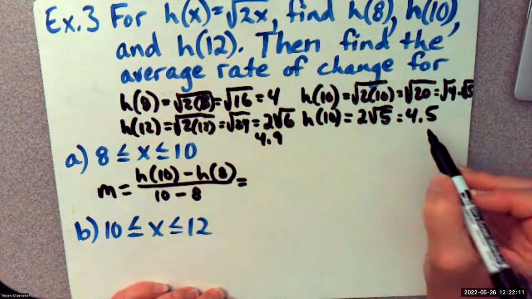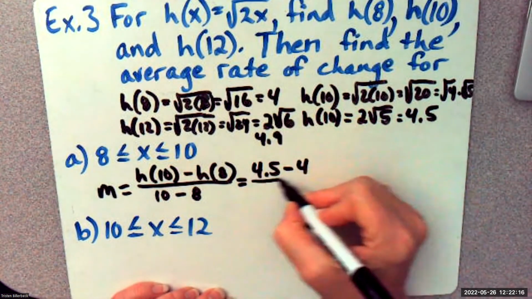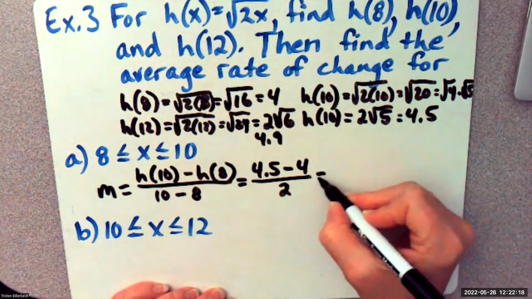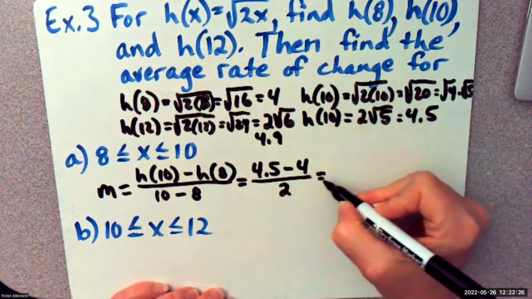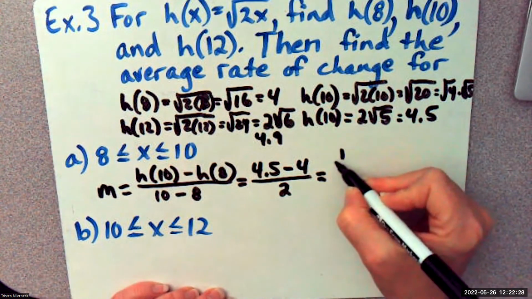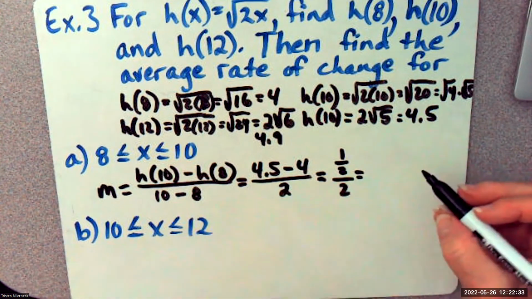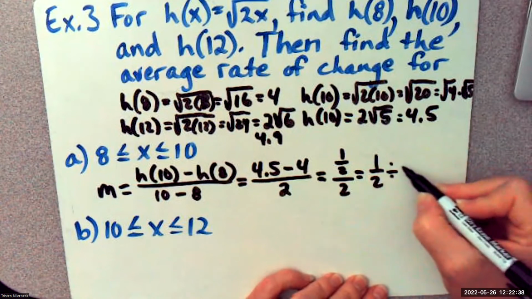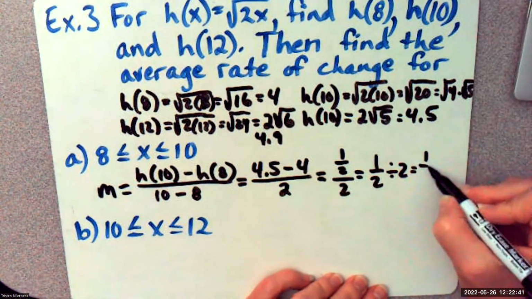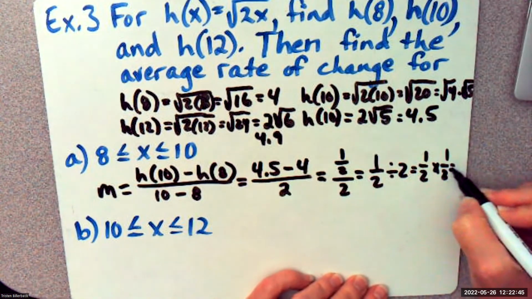So we know h of 10 is 4.5 minus 4 over 2. 4.5 minus 4 is 0.5, which is 1/2. So that gives us 1/2 divided by 2. When we have a fraction divided by a number, that's 1/2 times 1/2, which is 1/4.